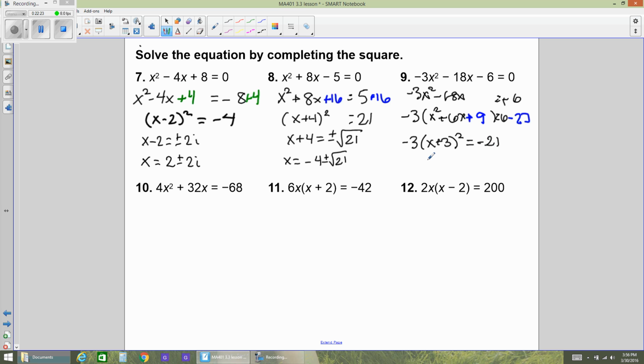Now I'm going to divide by 3 on both sides. So I get 7. I need to square root, and I need to subtract the 3, and I'm going to do it at the same time since I'm running out of space here. So I'm going to have x equals -3 plus or minus the square root of 7.